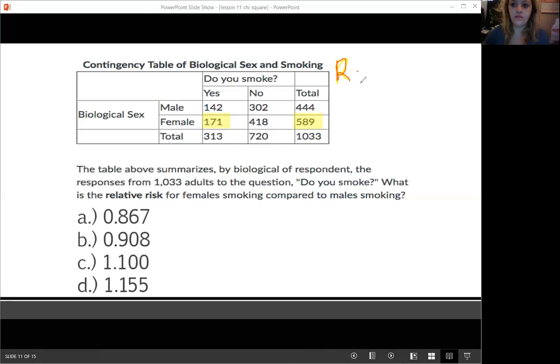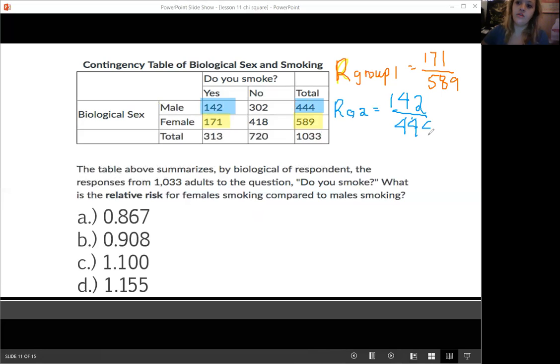So the risk of group 1 is going to be 171 divided by 589. And then we need our risk of group 2. That's going to have our 142, the number of males saying yes, divided by our total number of males, 444. So our risk of group 2 is 142 divided by 444.